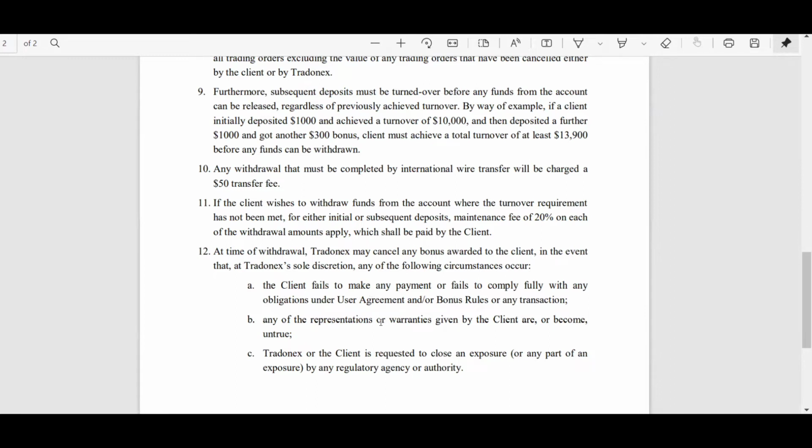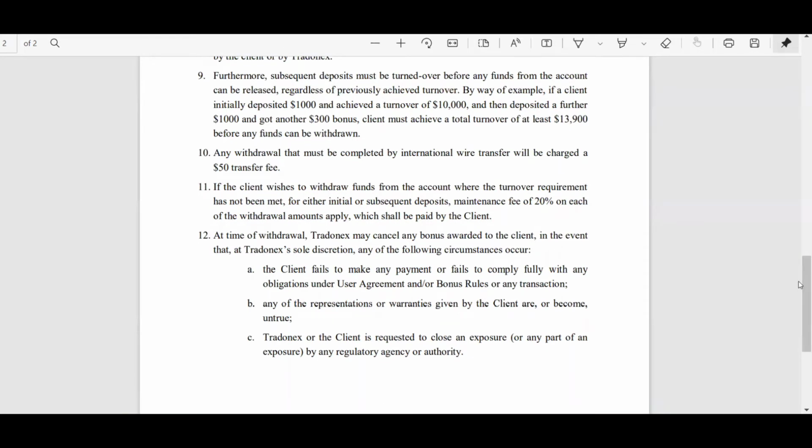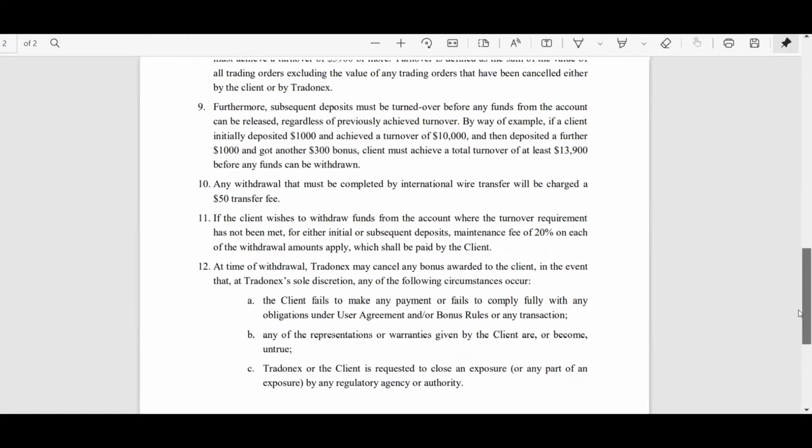Any other representations or warranties given by the client are or become untrue, and Tradonex or the client is requested to close an exposure or any part of an exposure by any regulatory agency or authority. Being someone that's US based, I've never had an issue with that. However, if you just play by the rules, it'll work fine.